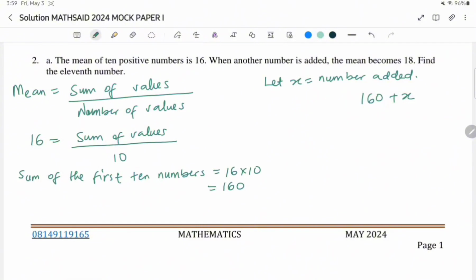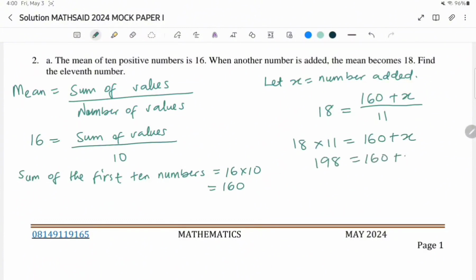So we are told that the new mean is 18. So that means 18 equals 160 plus x divided by 11, because when you add one number to 10, that's 11. So when we cross multiply, we'll have 18 multiplied by 11 equals 160 plus x. The product of 18 and 11 is 198.